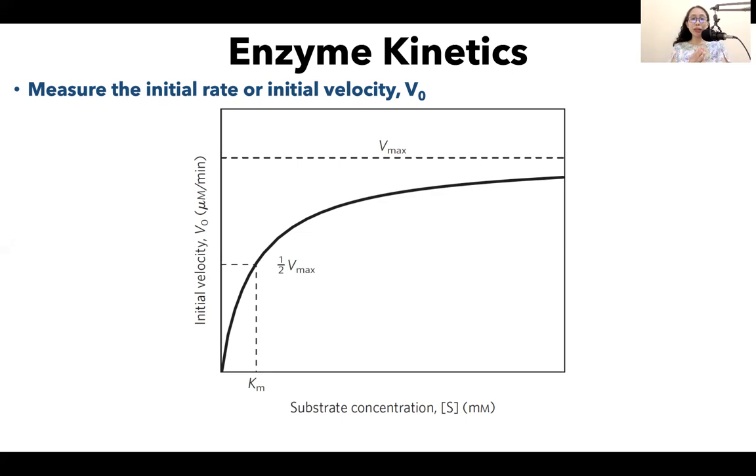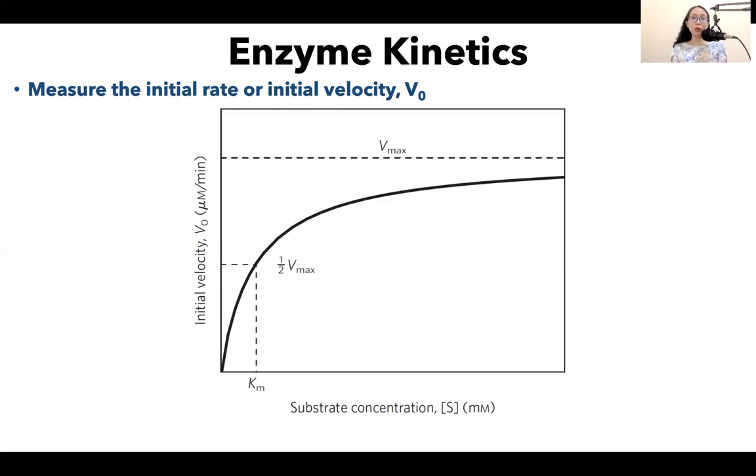So if we measure the reaction rate for, let's say, 60 seconds or 40 seconds, only a very little portion of your substrate undergoes the reaction. So in essence, the amount or the concentration of your substrate remains the same.